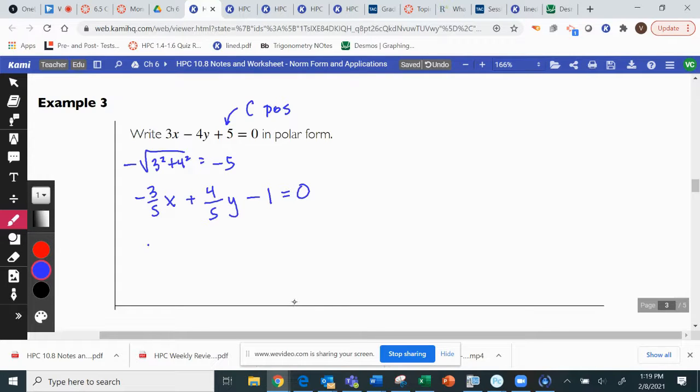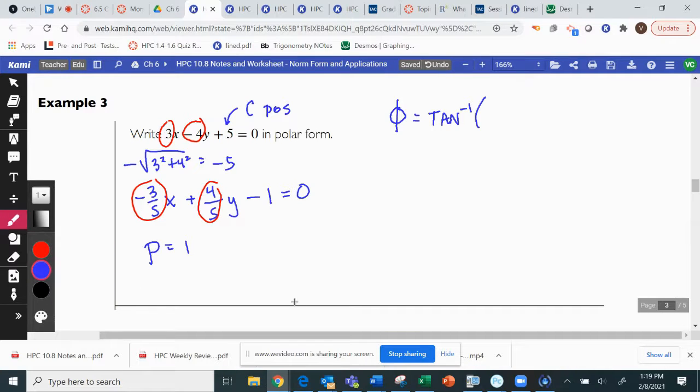So our p-value is 1. And then we need to find the phi, which is inverse tangent. And then we use, well, you can use these numbers here, or you can use these numbers here. It doesn't really matter. I'm going to use the ones before I divided.